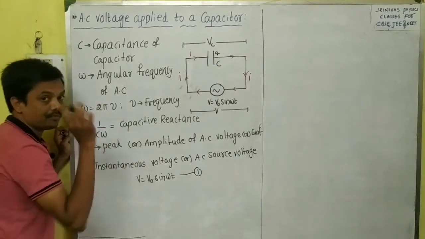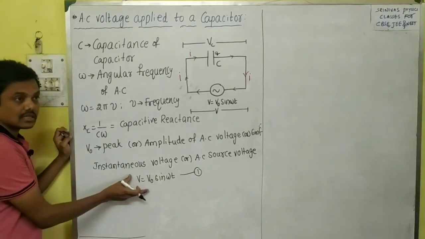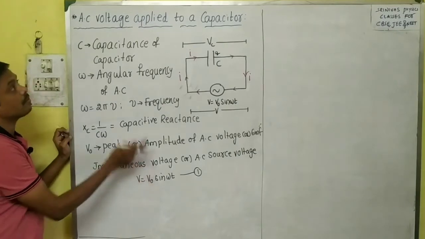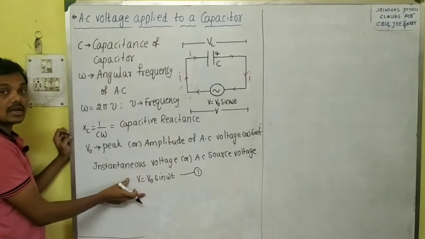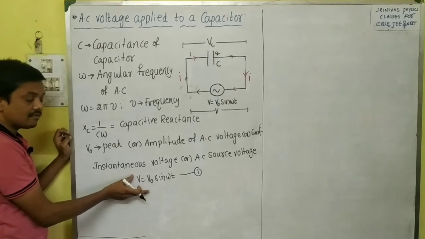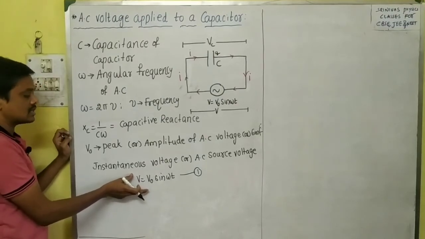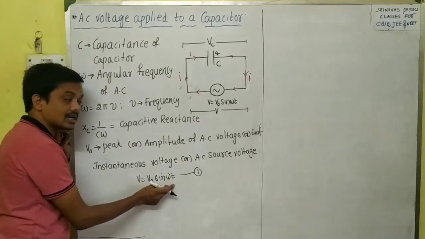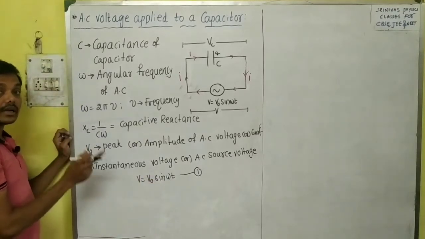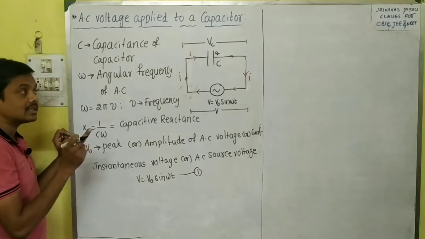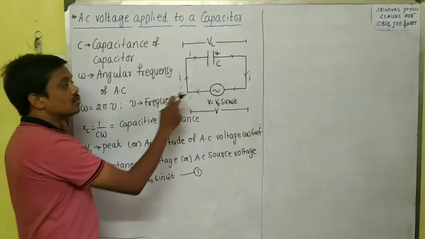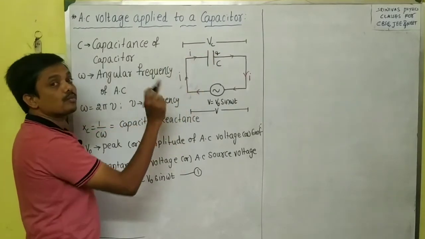Everywhere this will be the same. Previously we discussed AC applied to a resistor and AC applied to an inductor. Everywhere we are applying the AC, and that AC voltage equation is the same, that is V is equal to V0 sine omega t. But the current through the circuit changes when you change the component in the circuit.